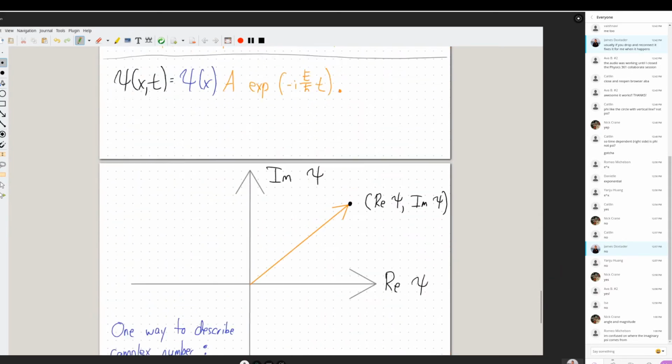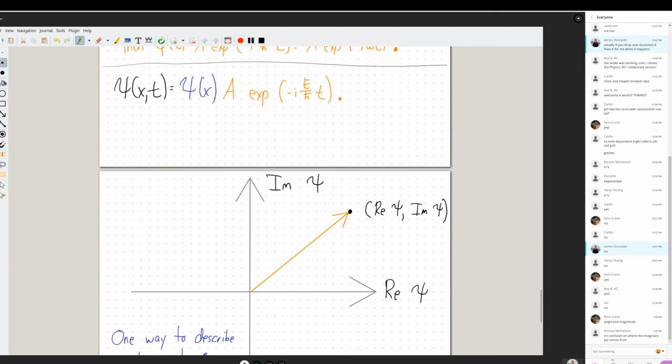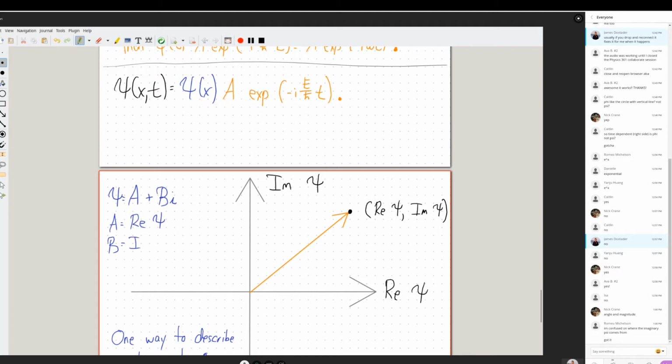So for instance, I might write psi is A plus Bi, where A is the real part and B is the imaginary part.